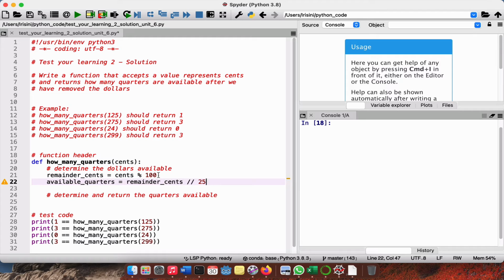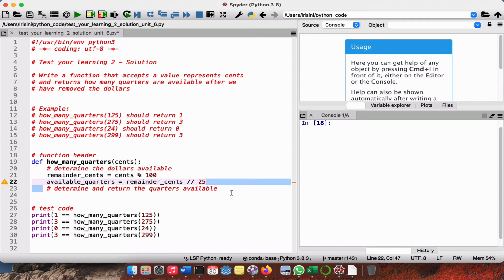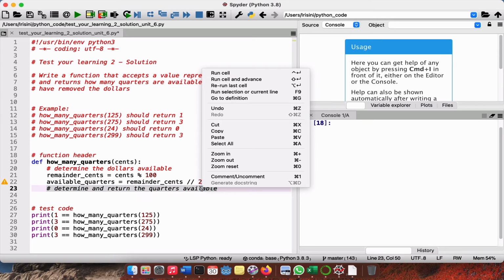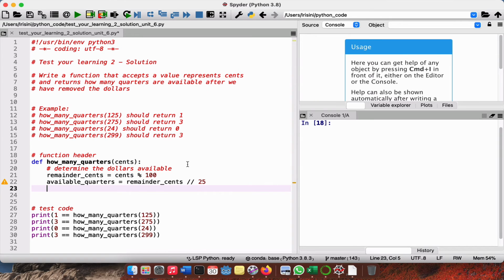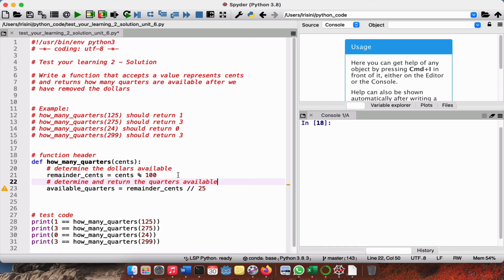If it has 26 cents, it will still return 1 quarter. And if it has 20 cents, it will return 0 quarters. So that's all I need to do: get rid of the dollar bills and see how many quarters are left after I have done that.